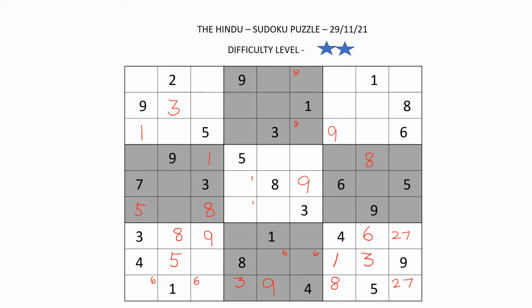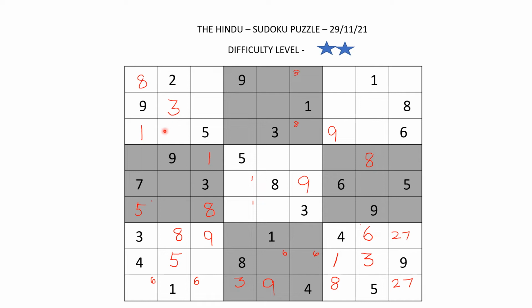Okay, let's see the impact of this 8 here. This 8 blocks this cell, and here this 8 blocks this cell. So obviously this takes 8. And let's try to fill this block now.